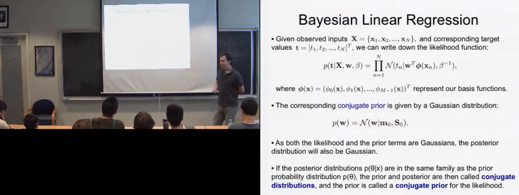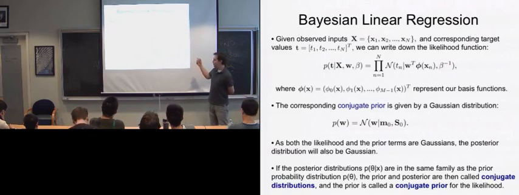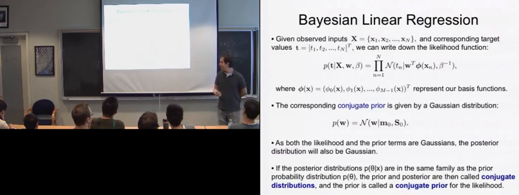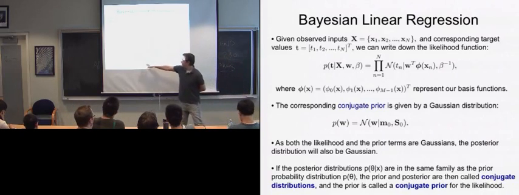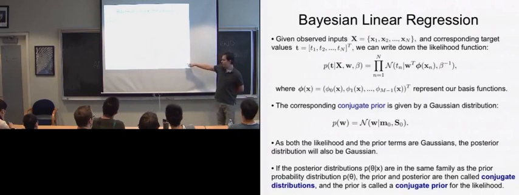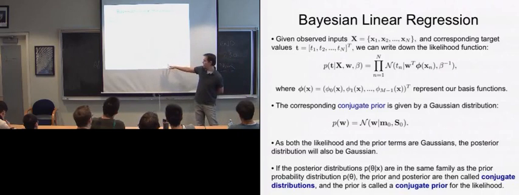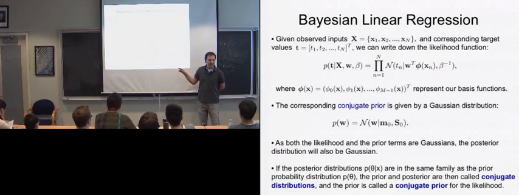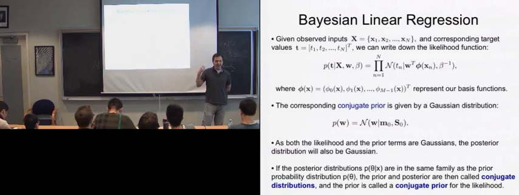So that gives us a definition of conjugate prior. If the posterior distribution over the parameters is in the same family as the prior distribution, then the prior and the posterior are sometimes called conjugate distributions, and the prior is called a conjugate prior for the likelihood. This is a useful thing because all of a sudden you know that the posterior is Gaussian, so you can compute it exactly.